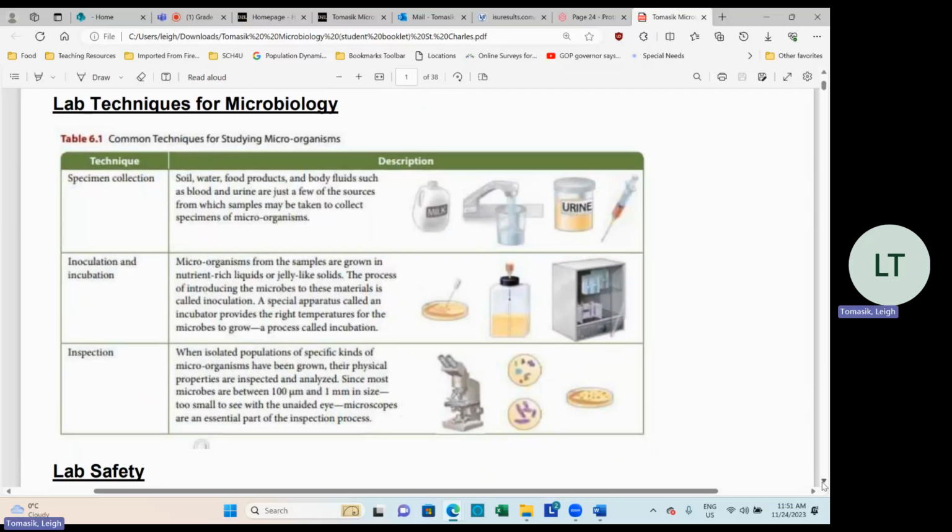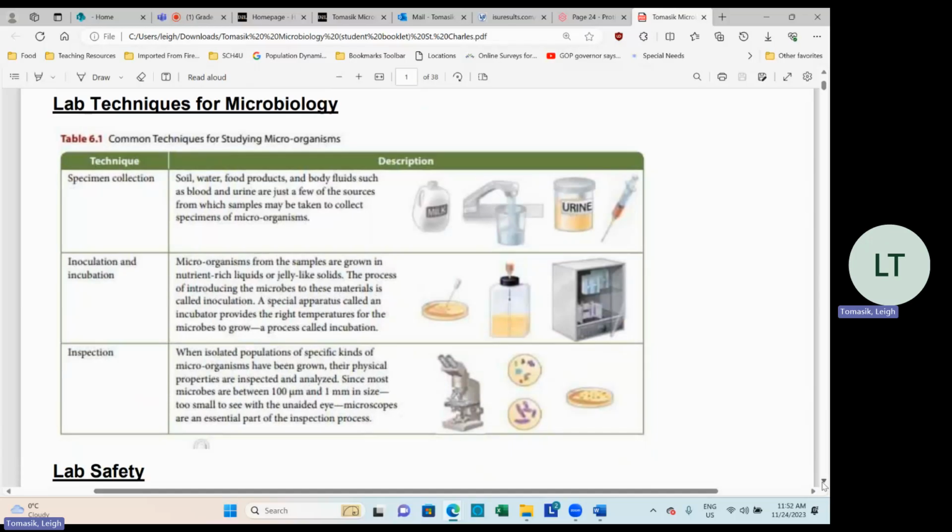So these would be things like nutrient-rich liquids or jelly-like solids. And we introduce the microorganisms to these materials so that they can reproduce and we can more easily look at the type of microorganism that we found because there's more of them. So the process of introducing microbes to an environment that they can easily grow in is called inoculation.